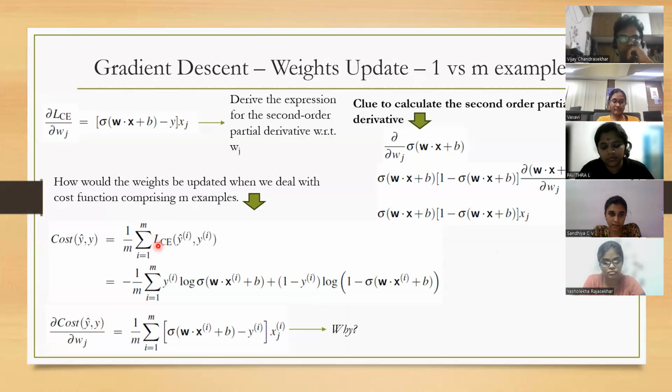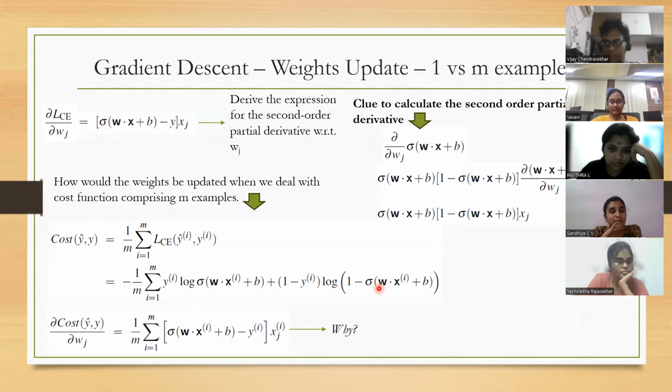All right. Now we know how to calculate the cost. We've already done that before. It is y times log of y hat plus 1 minus y times log of 1 minus y hat. All that we're changing is we're replacing y with yi, because there are m data points to deal with.